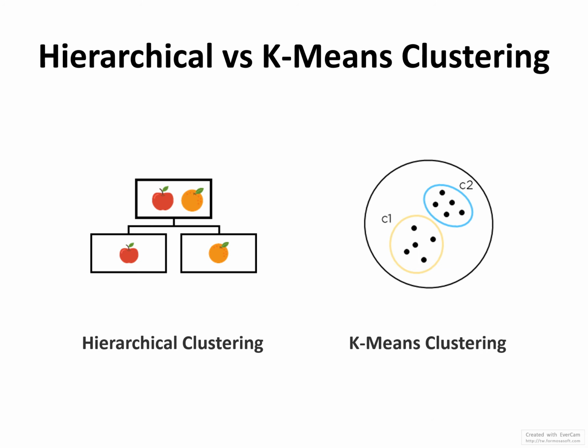And one of the two types of cluster analysis is hierarchical and K-means clustering. The idea behind the hierarchical cluster analysis is that it tries to use tree-like structures to divide the data into different groups. In contrast, K-means clustering tries to draw an envelope to define a group of the data.